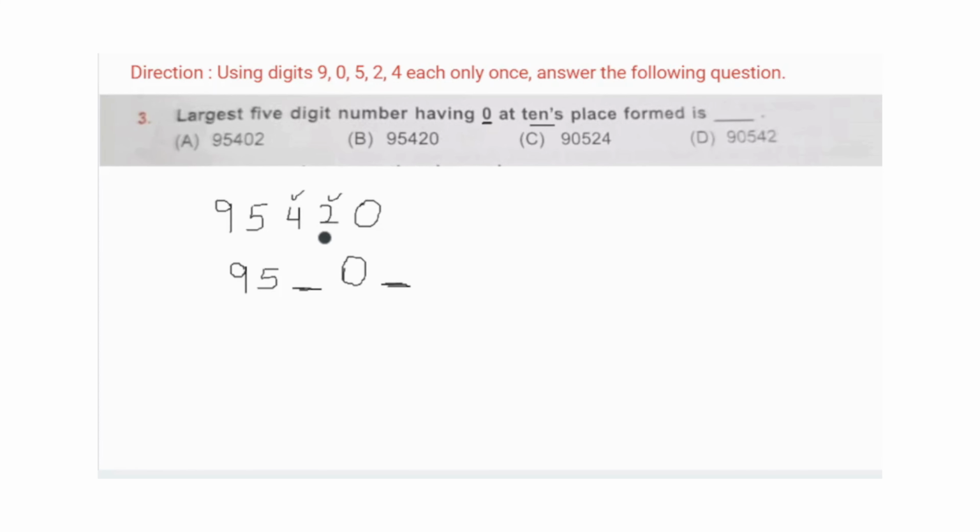Let's write this 4 and 2 in descending order. So here we get 4 and 2, which gives us the answer for the question, option A. Here 0 is in the tens place and it's still the largest 5-digit number formed by the given numbers.